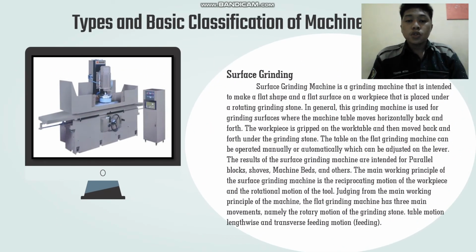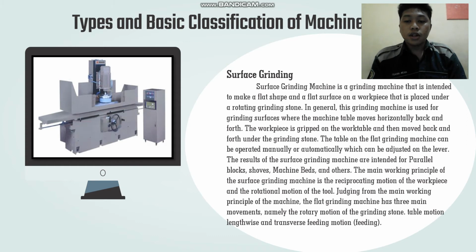Number three, surface grinding. A surface grinding machine is a grinder machine intended to make a flat shape and flat surface on the workpiece that is placed under a rotating grinding stone. In general, this grinding machine is used for grinding flat surfaces.